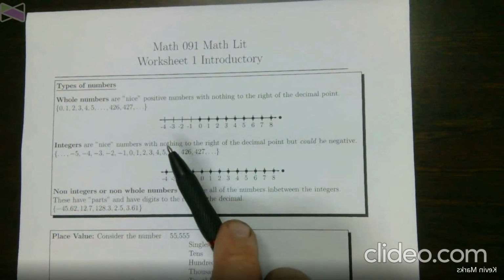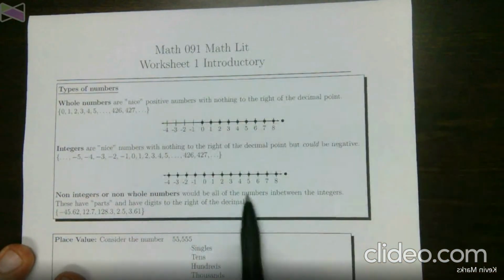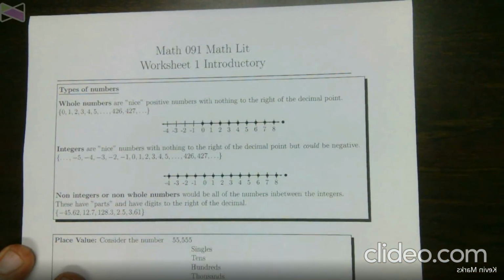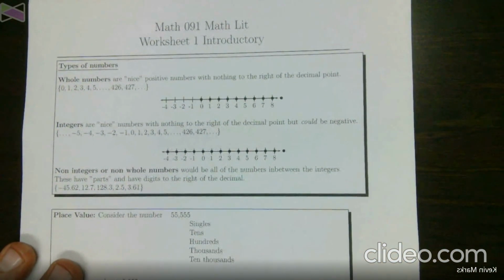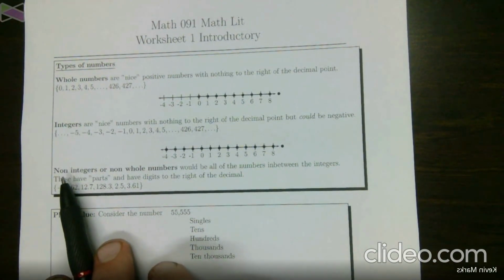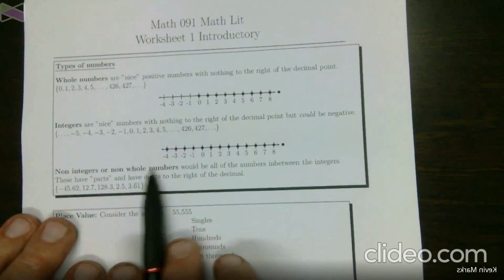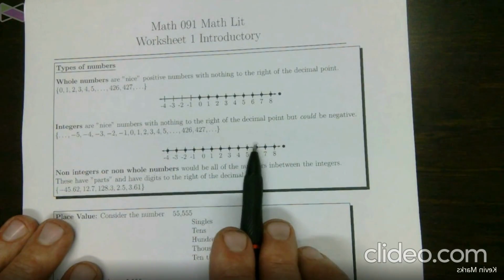So whole numbers and integers, no decimals, no fractions. Whole numbers are only the positive. Integers could be positive or maybe negative. Okay, so now there are names for these other things, but it's not a big deal. But you should definitely be able to recognize non-integers or non-whole numbers. Basically, what you're talking about are all the crazy decimals in between these, right?